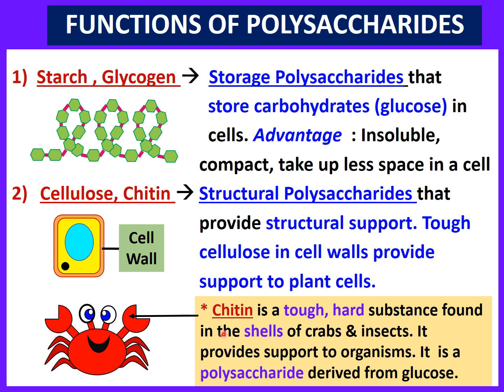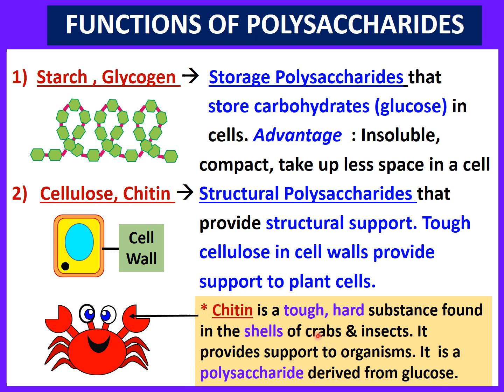Chitin is mentioned in the textbook, so we have to know something about chitin. Chitin is actually a tough, hard polysaccharide found in the shells of crabs, prawns, insects, all those organisms that have the segmented body parts, which are called arthropods.